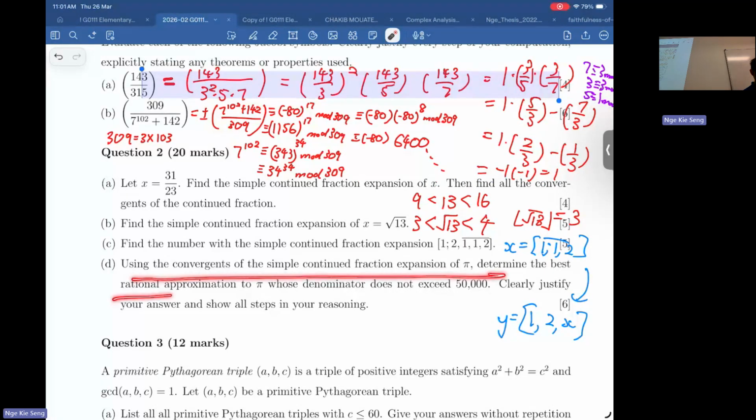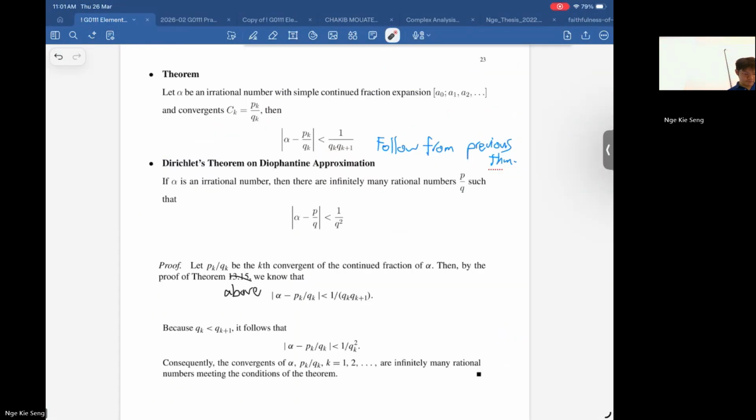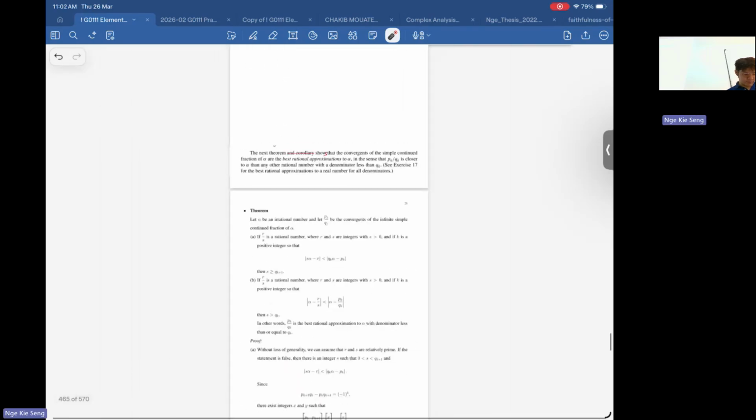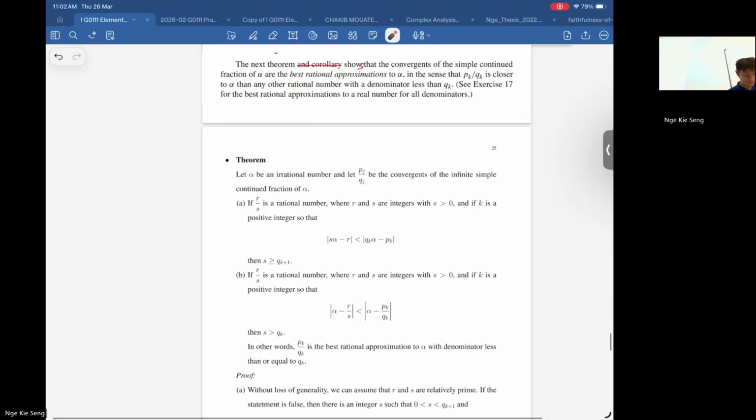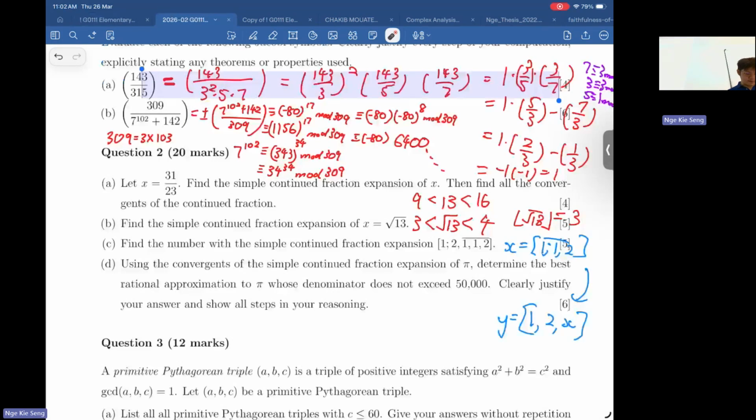Using the formula, determine the best rational approximation to pi whose denominator does not exceed 50,000. The best one. Do we have a better one? What do you think?